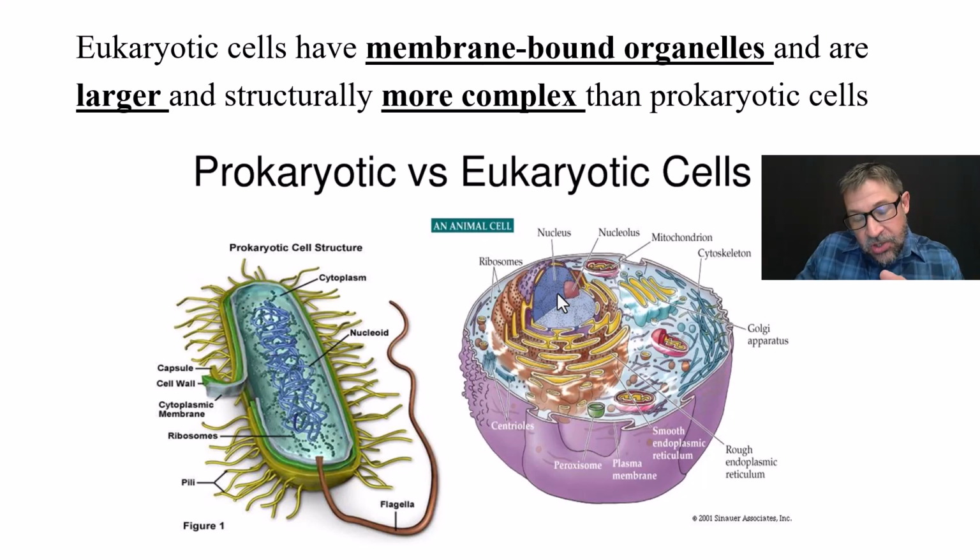Of course, this picture on the right is an animal cell, so no chloroplasts, but you'll see the Golgi apparatus, the endoplasmic reticulum, both the rough and the smooth, the cytoskeleton, which is really important in eukaryotic cells, which is going to allow for that larger shape.